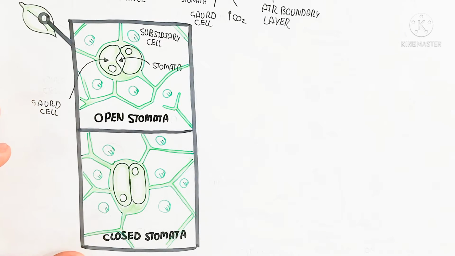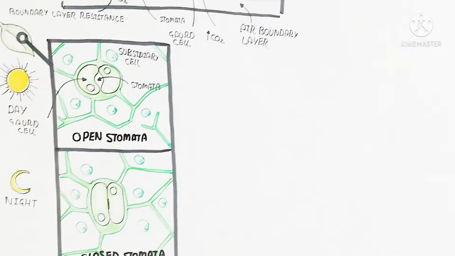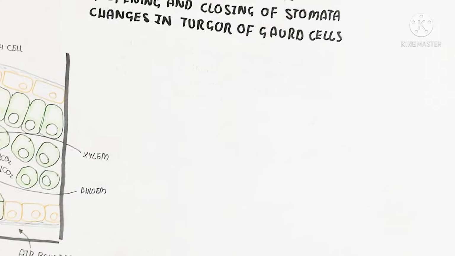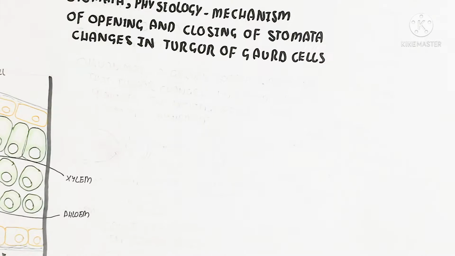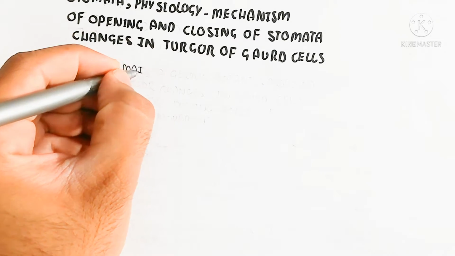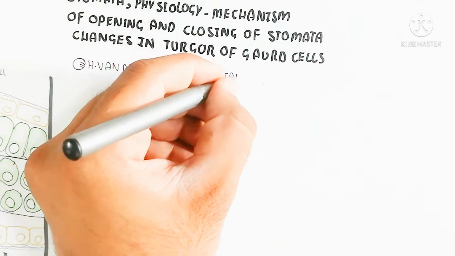On the other hand, the closed stomata looks like this: during the night time, loss of water will lead to shrinking of the guard cell, not the stomata. The guard cell shrinks and closes the stomata. So the stomata is a pore.